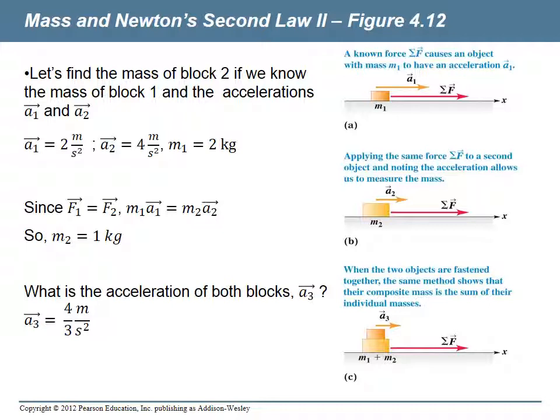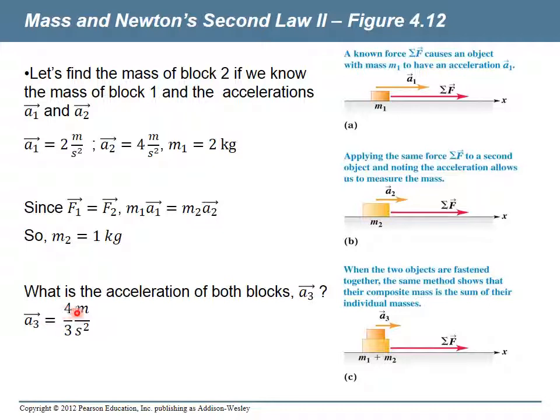The force was 4. I can find that the force must be mass 1 times A1, which is the same as mass 2 times A2, which is 4 in both cases. 4 times 1 is 4, 2 times 2 is also 4. So the force is 4 newtons, and the mass, m1 plus m2, 2 kilograms plus 1 kilogram is 3 kilograms.